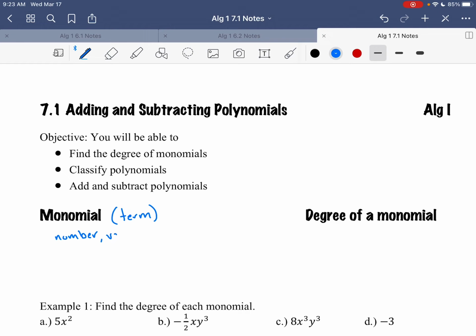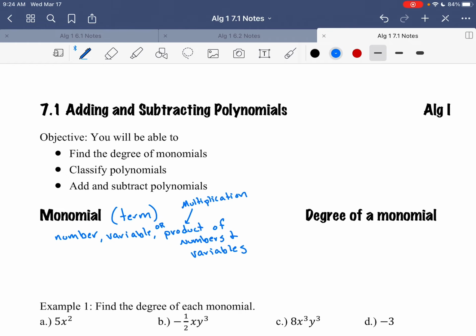A monomial, or term, as it's many times called, is a number, a variable, or the product of numbers and variables. Again, what we mean by product is the multiplication of numbers and variables.